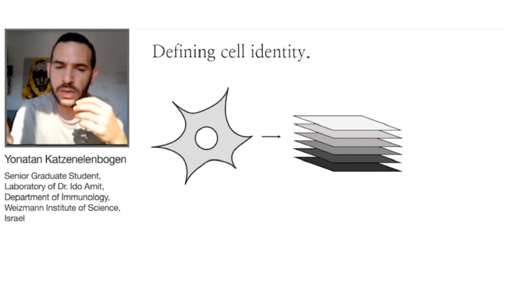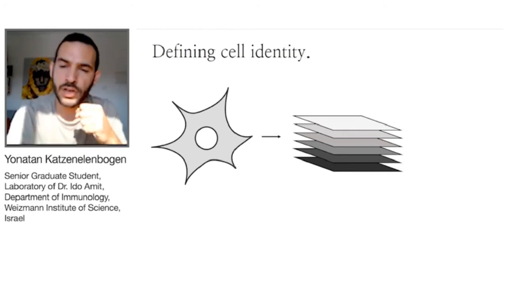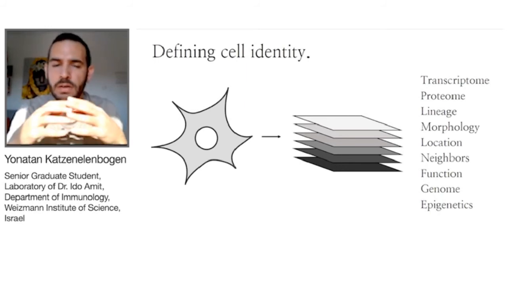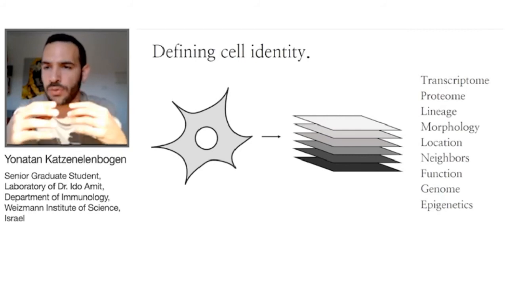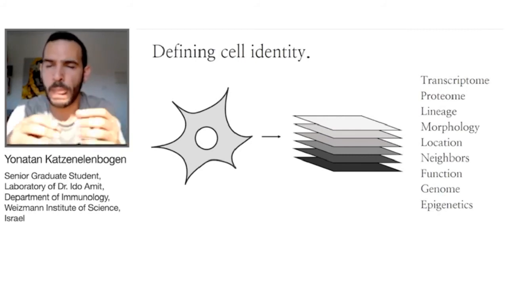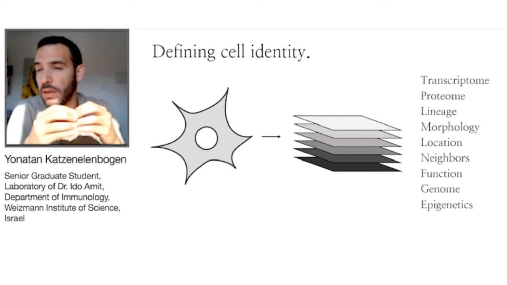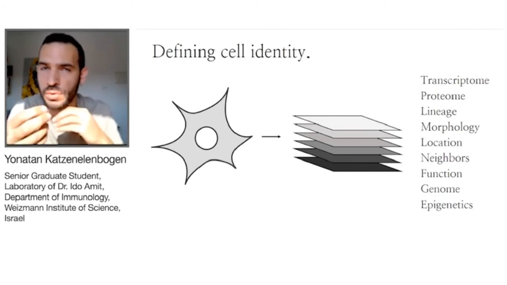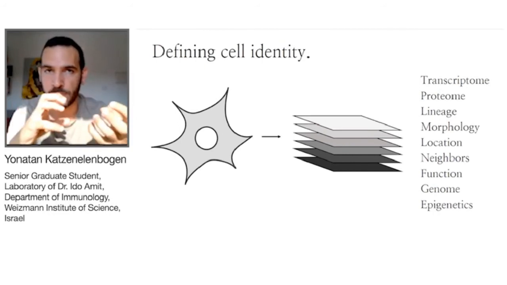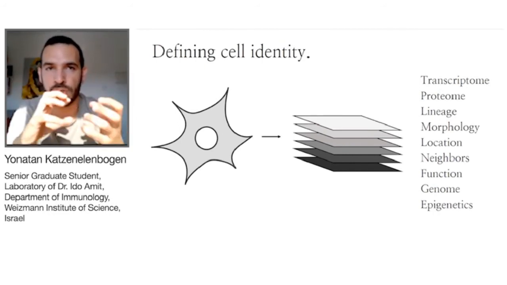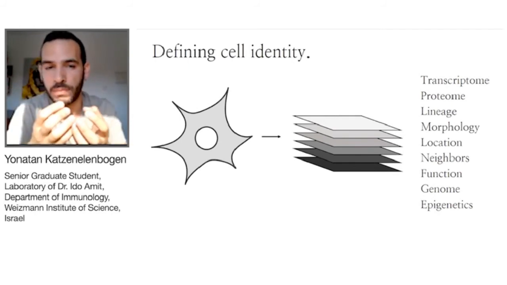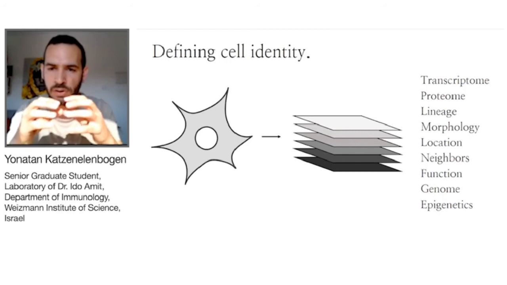We can describe the same cell using different layers of information, depending on what we're collecting. We can define cells according to their transcriptome, which is what we do, or according to their lineage, morphology, or location within a tissue. The interesting part is to combine them to get a more holistic view of cellular identity.